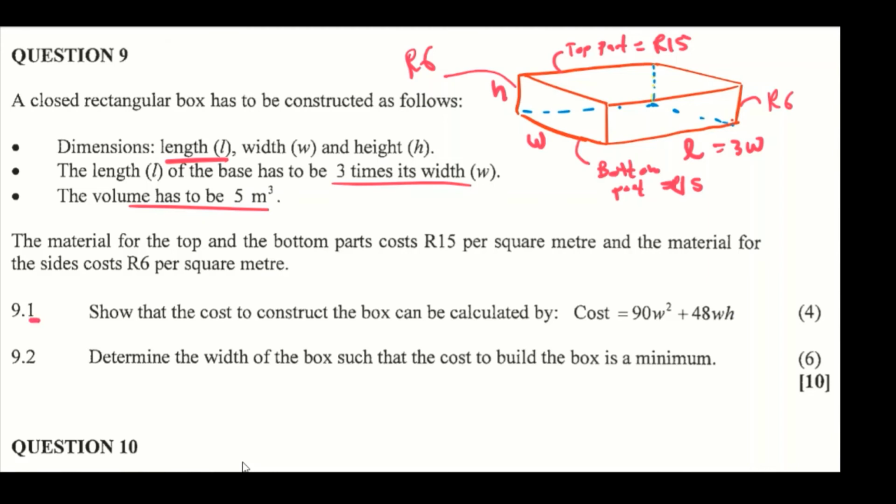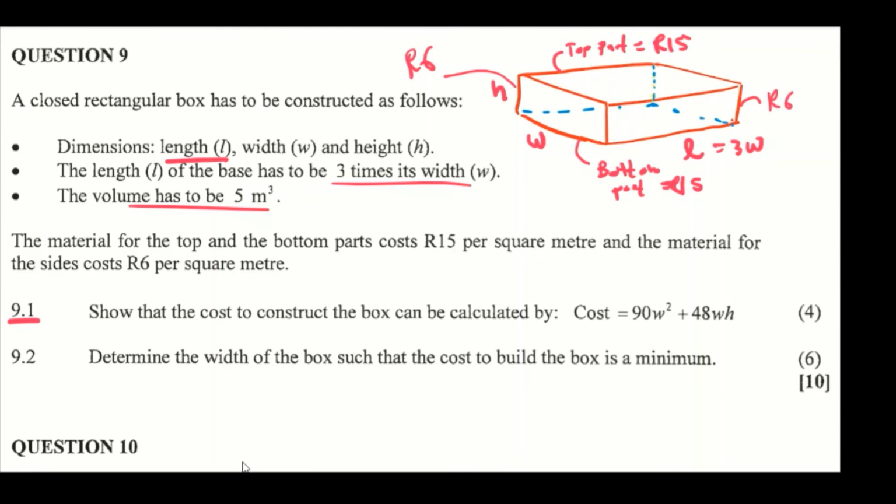So 9.1, show that the cost to construct the box can be calculated by cost is equal to 90w squared plus 48wh. So for us to calculate that, we can use the surface area. I mean, you should always try to figure out which equation they used. In this case, it's quite easy to identify that they used surface area.